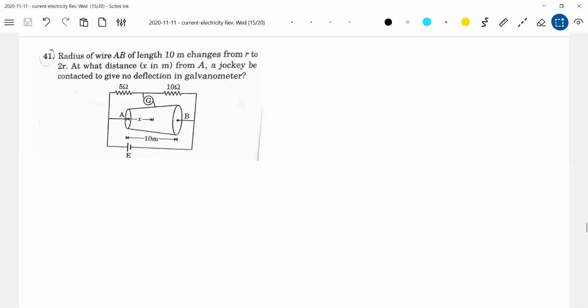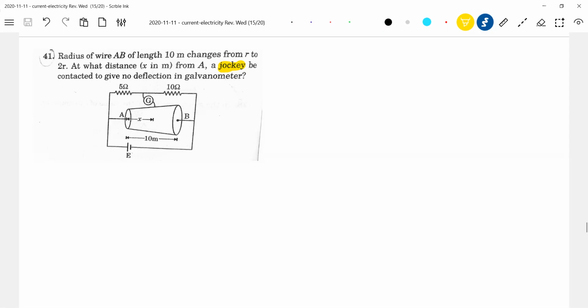First, what does the question belong to? I think the moment you see the word jockey, what should flash for you? Either it should be meter bridge or potentiometer. Null point something will come. No deflection means either it should be Wheatstone bridge, meter bridge, Wheatstone network, or potentiometer.